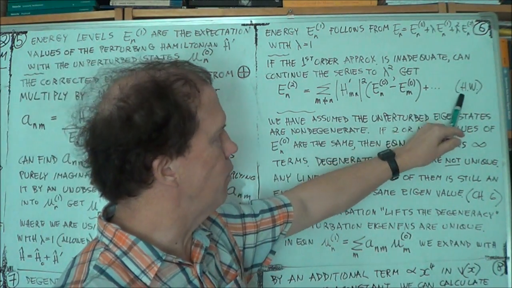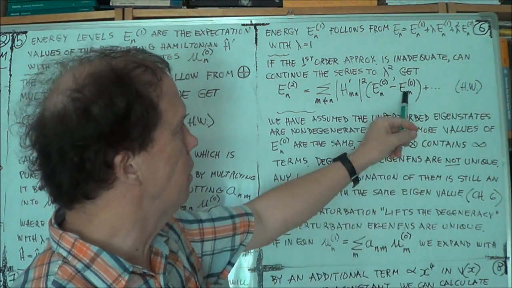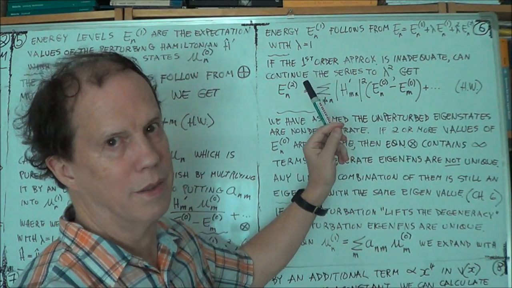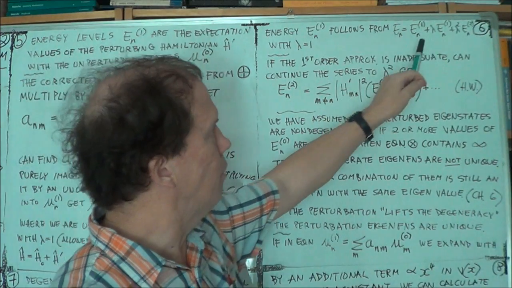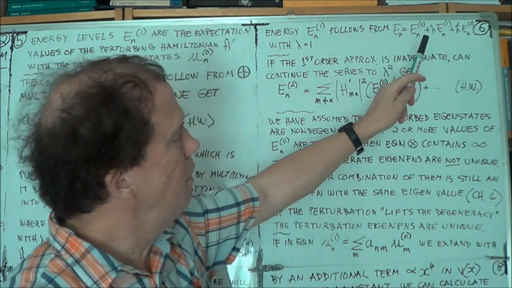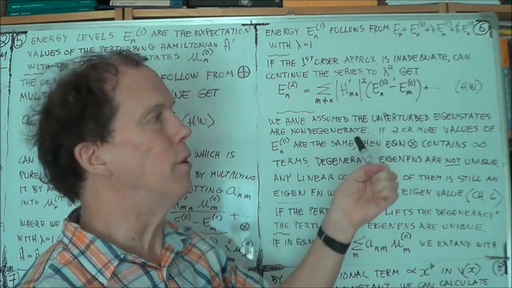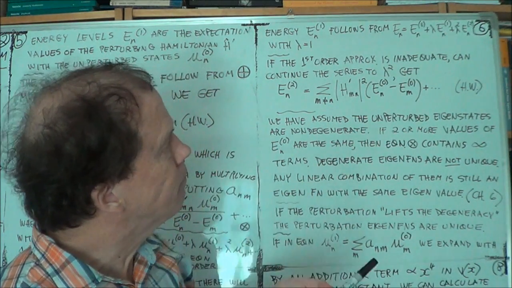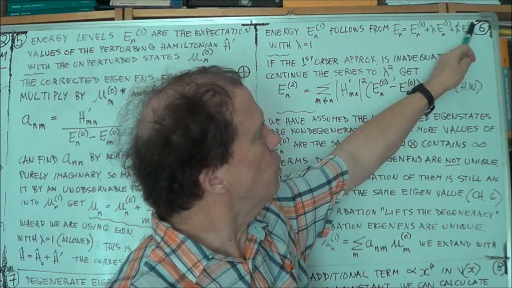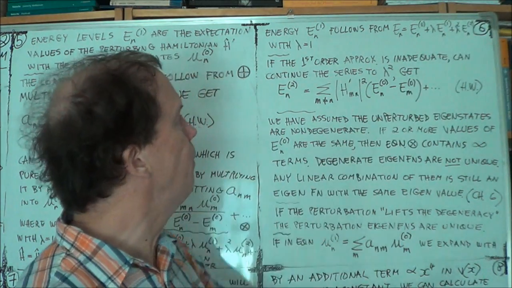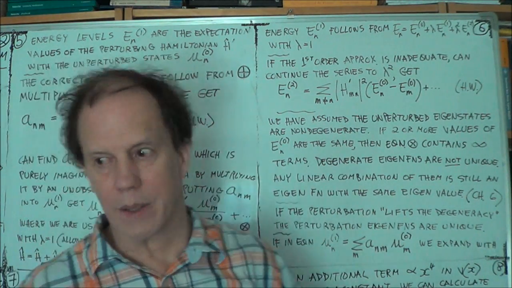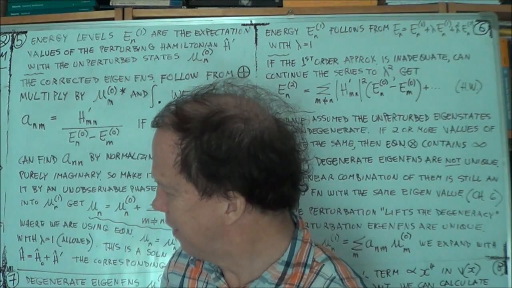So again, I ask you to do it for homework. Not too difficult, a bit more complicated than the first power. So now we're finding the energy correction due to the perturbing Hamiltonian to second order, so E2. Okay, so go back two sessions ago.